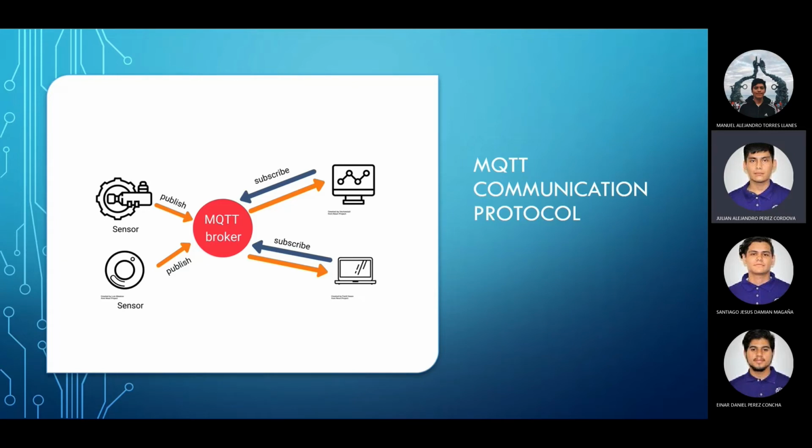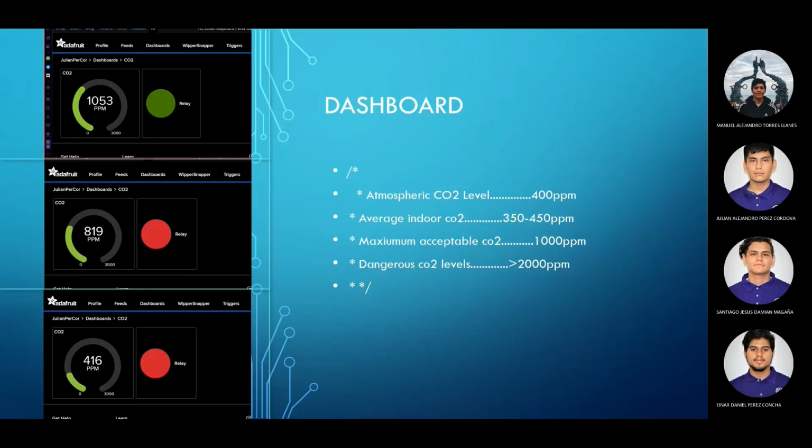Next slide, please. Here we are presenting the result of our first test. We are analyzing the CO2 concentration in parts per million. As we can see here, there's a small table that describes how the concentration affects us and what the levels of concentration should be in a space.